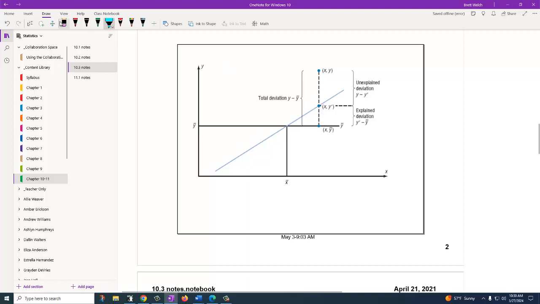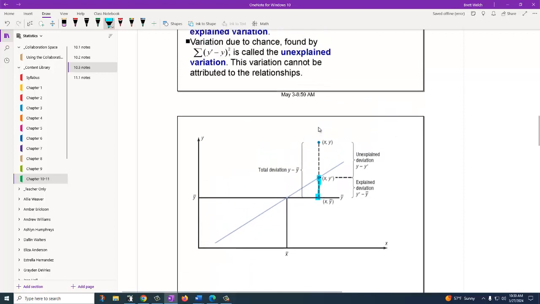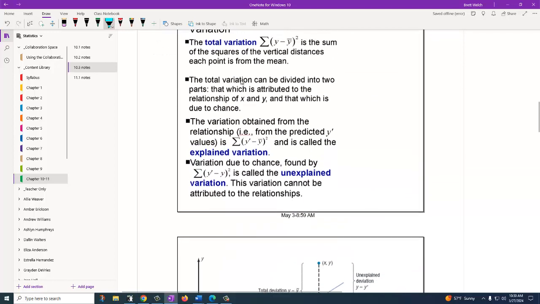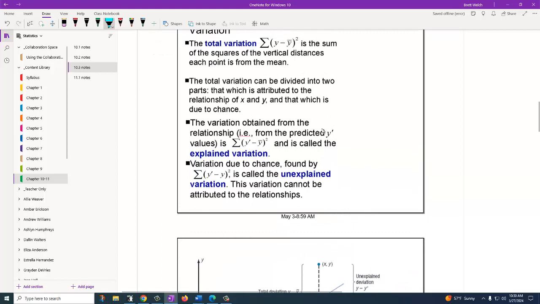This distance from y prime to the y bar is what we consider explained variation. We expect it to vary from average. So that's the total variation. It is the sum of each distance from the mean squared. The reason it has to be squared is because we don't want positives and negatives to cancel each other out.